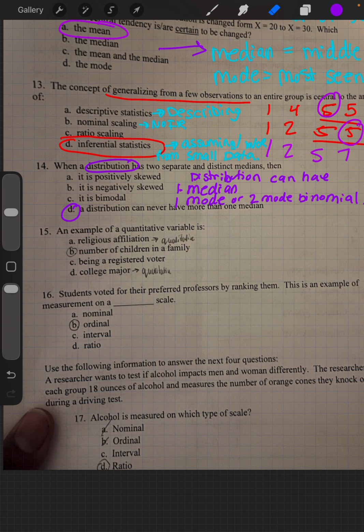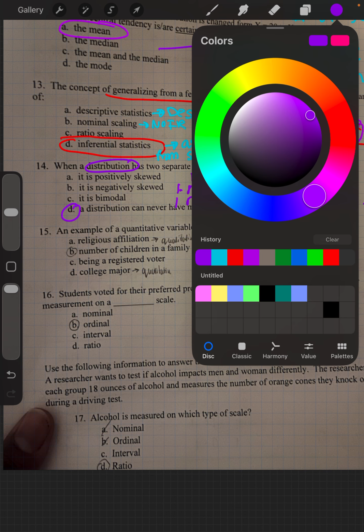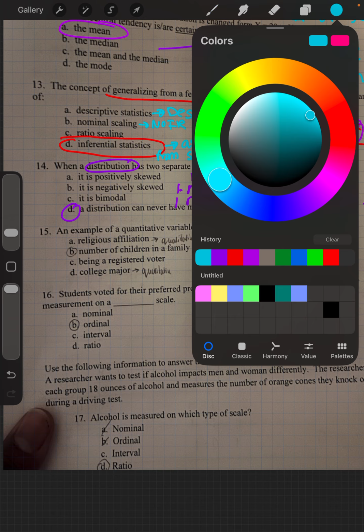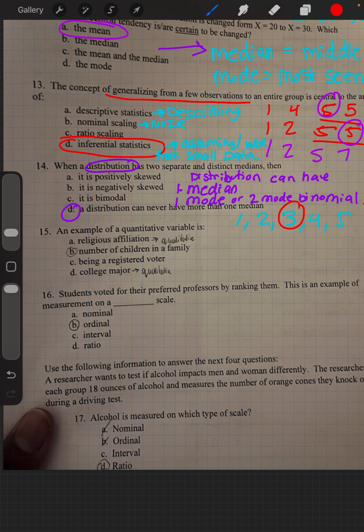I don't know if you're gonna learn this or not in class, but if it's an odd number, it's gonna be the one in the middle, like 1, 2, 3.